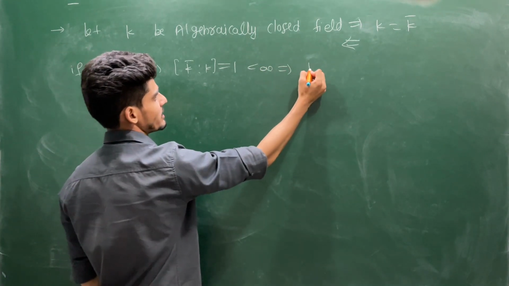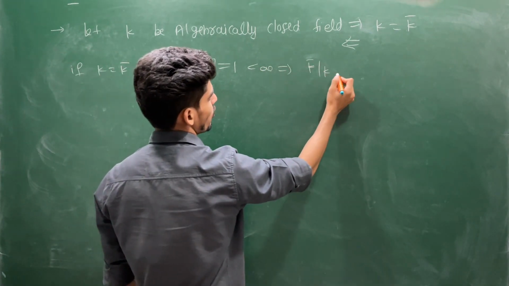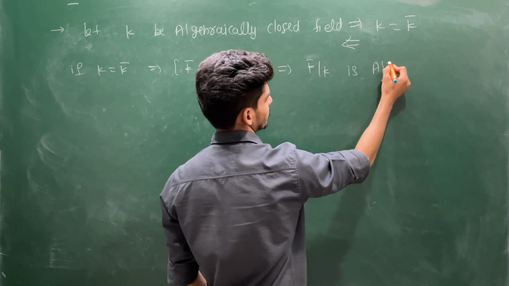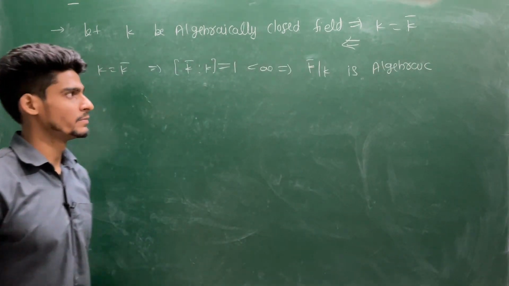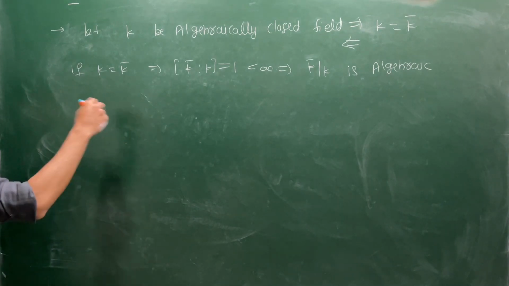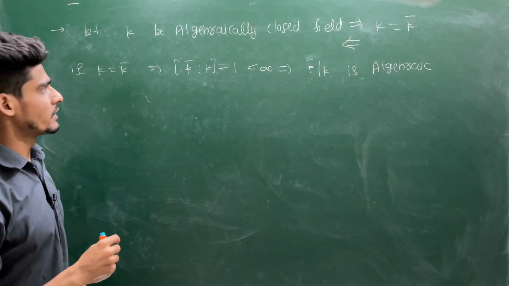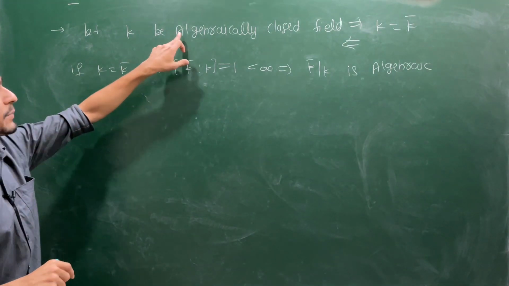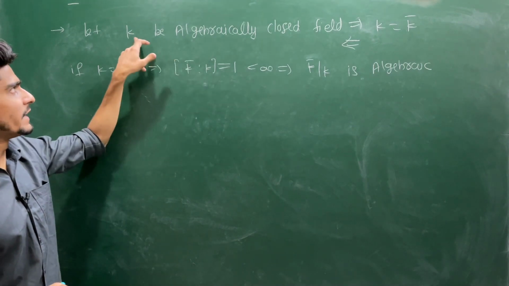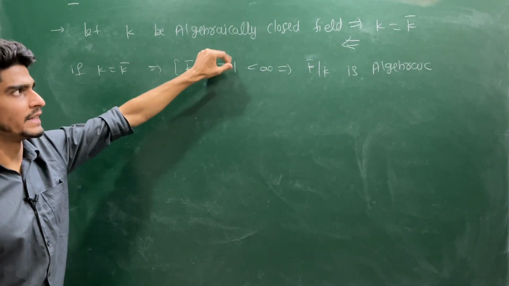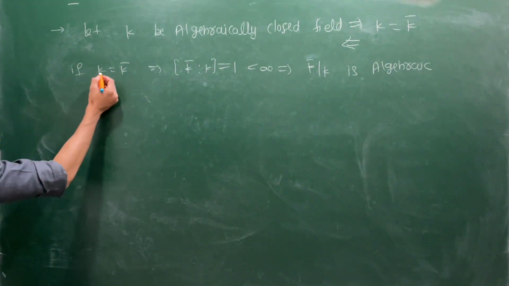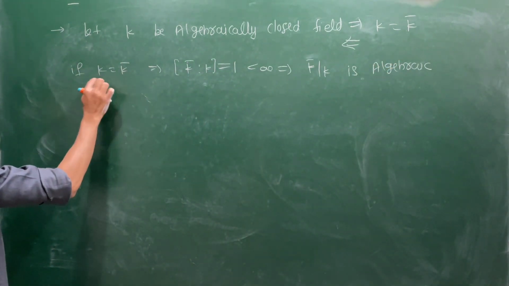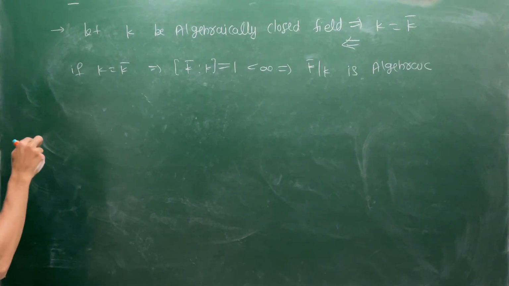So every finite extension is algebraic. So this k bar over k is an algebraic extension. And once it is algebraic, what you need to check is that every polynomial in k splits completely in k, but that is very natural because k is the same as k bar. So k is the algebraic closure of itself.